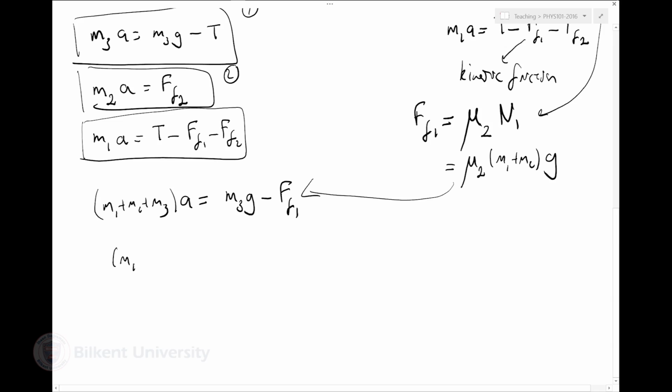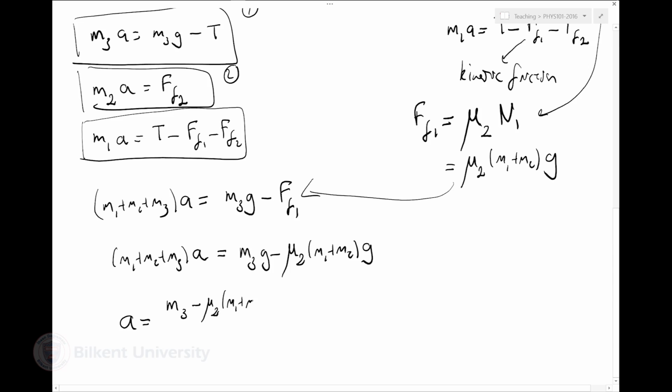So M1 plus M2 plus M3 times A is M3G minus mu2 times M1 plus M2 times G. In other words, my acceleration is M3 minus mu2 times M1 plus M2, divided by M1 plus M2 plus M3, times G.